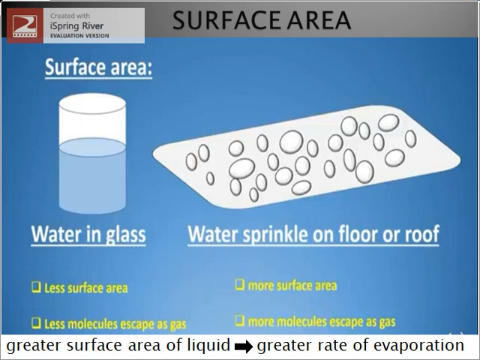Thus, the greater the surface area of the liquid, the greater the rate of evaporation. Or you can say the rate of evaporation is directly proportional to the surface area of the liquid.